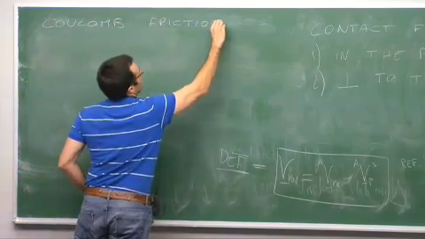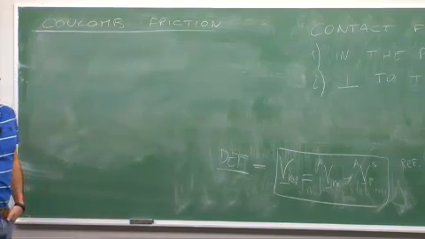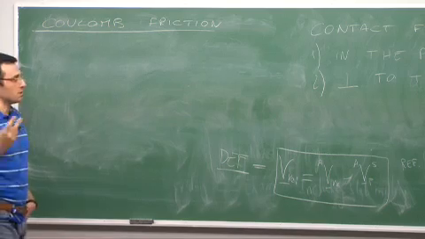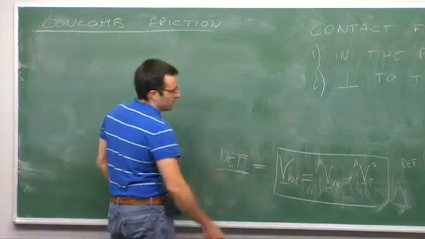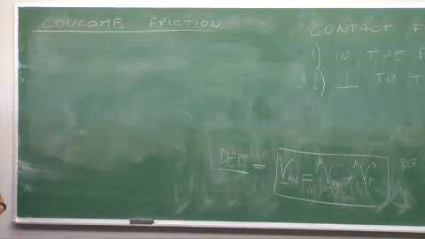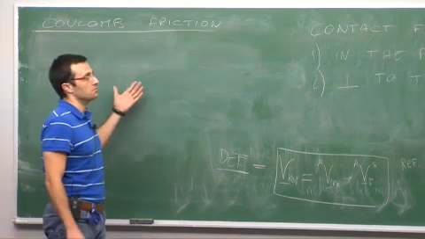Keep in mind this is a dynamics class, so things need to be moving. The two definitions that I'll give you do not apply if there is no relative velocity between the particle of mass m and the surface. If there is no VREL, these two friction forces don't exist.